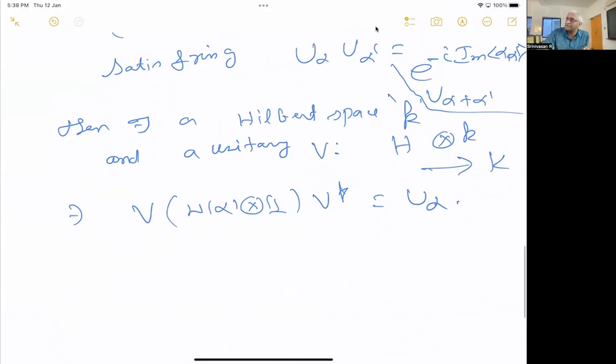The Weyl representation is unique. Suppose U alpha is irreducible, that is, you take the span closure in the strong topology.